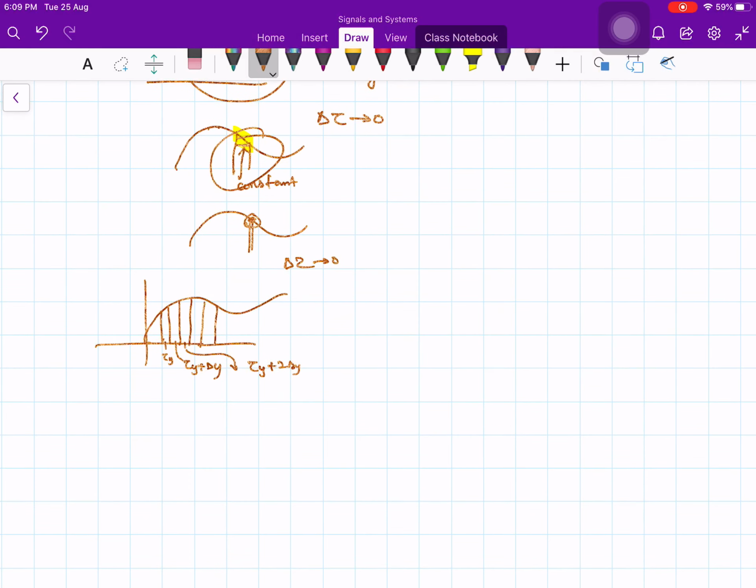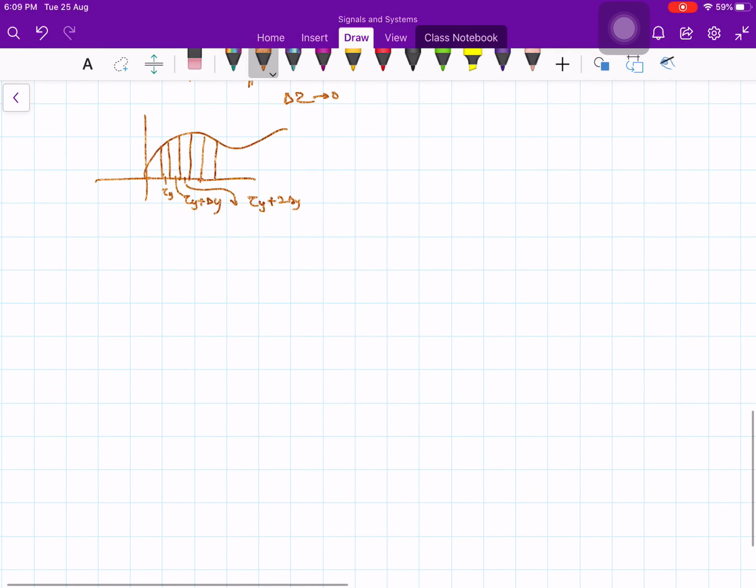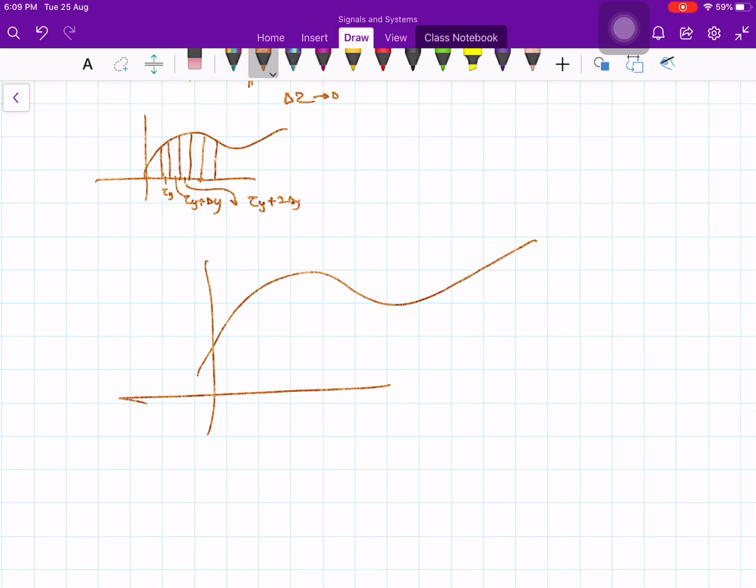So you have a function like this, you take a very small interval, the center point is tau y, and the width is delta tau. Don't put tau y, delta tau, just for simplicity. And this height in this region is roughly x of tau.